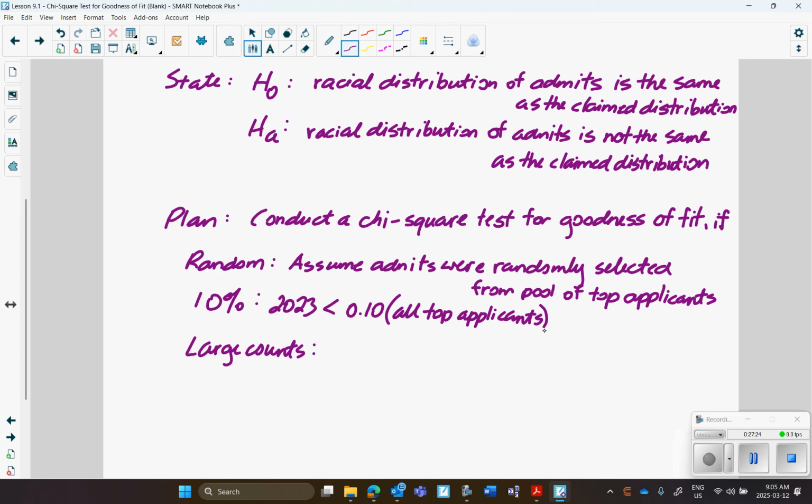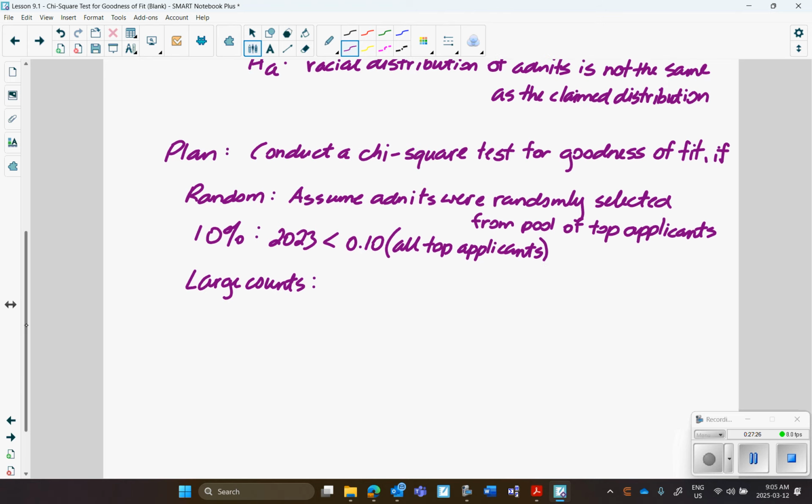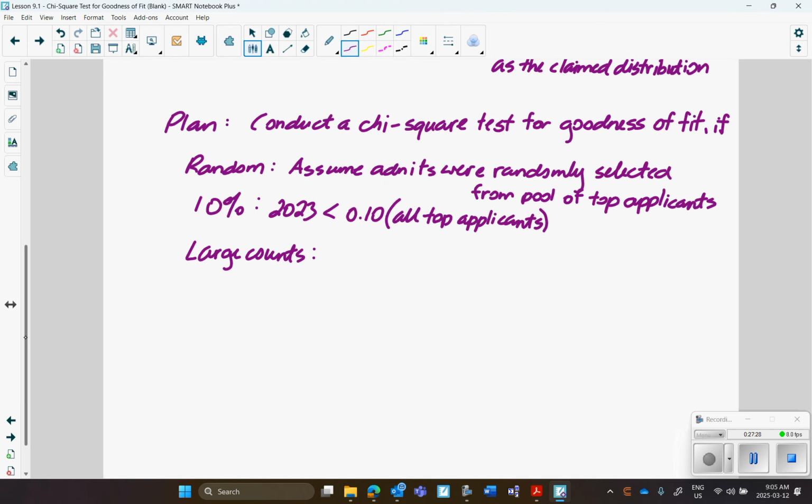And the large counts. Well, that's when we find all of those percentages when we did 0.575 or 57.5% of 2023. And we got 1163.2. And then we did, I believe it was Hispanic, yep, 0.031 of 2023. And we got 62.7.